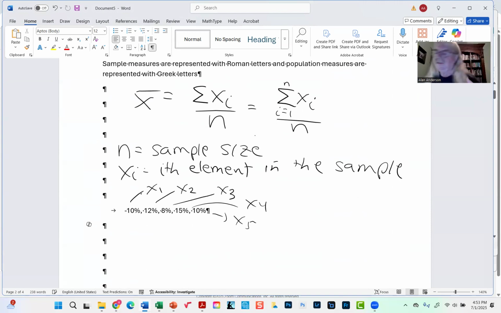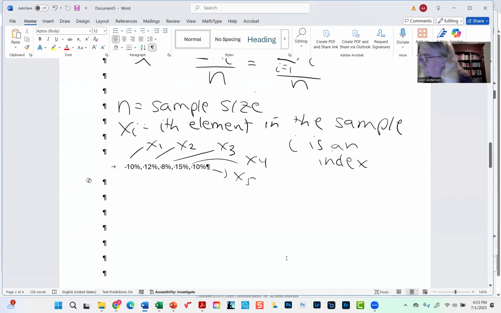I is an index. And then we save the best for last. This is the Greek letter sigma, and it is used in math as what we will call the summation operator.